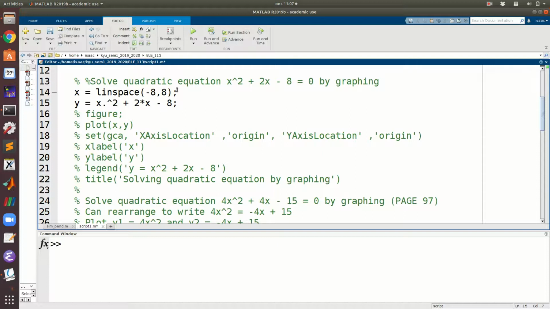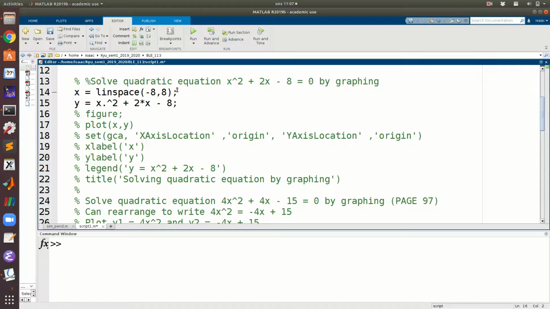So you put the dot here to specify that you're taking each value of x and squaring it. It's not the whole vector squared. Each value of x is squared, then plus 2 times that value of x, then minus 8.